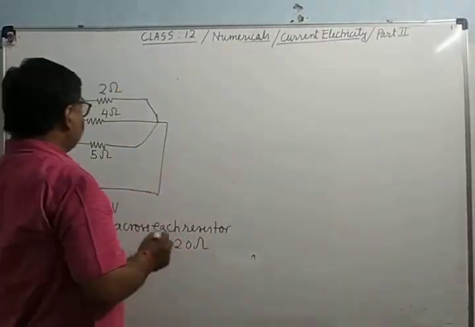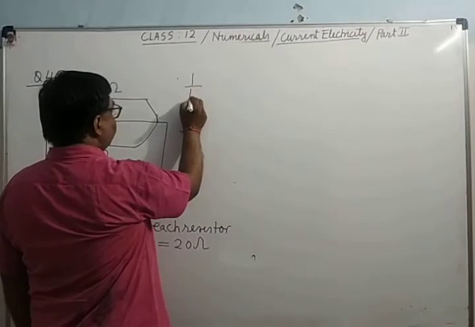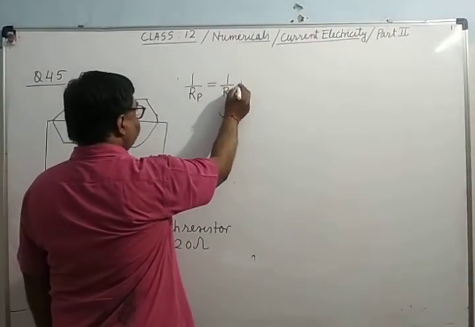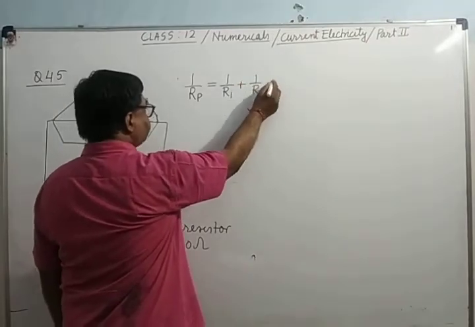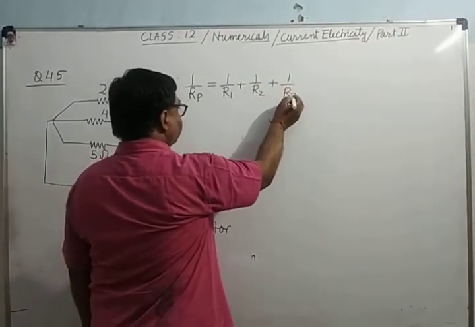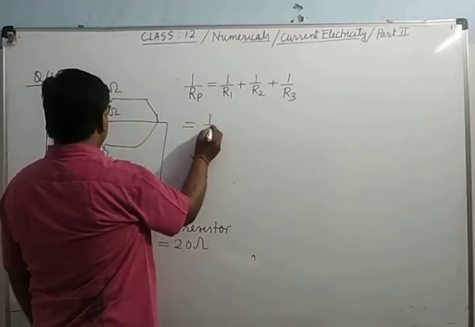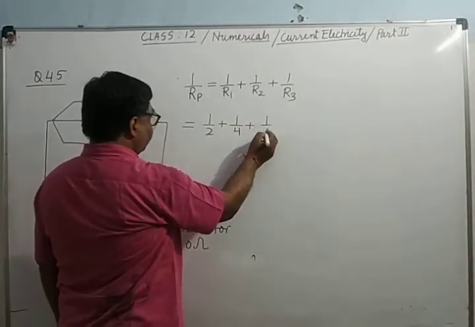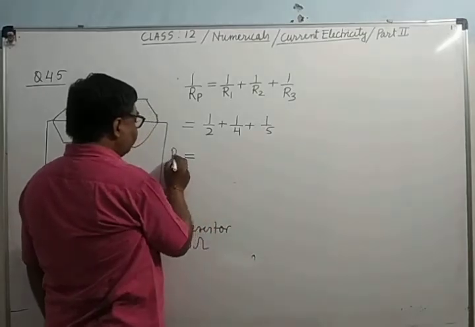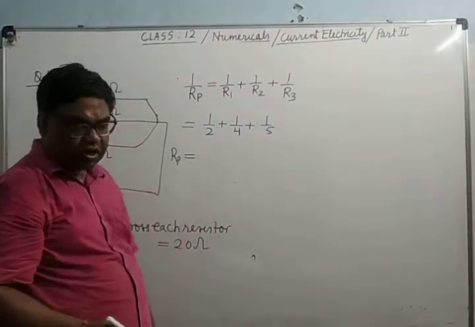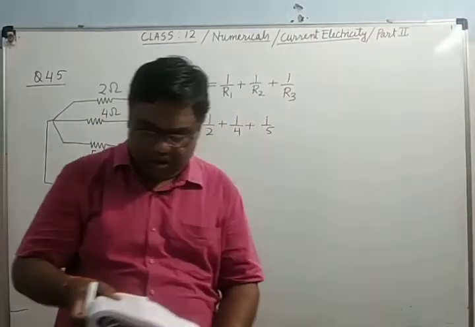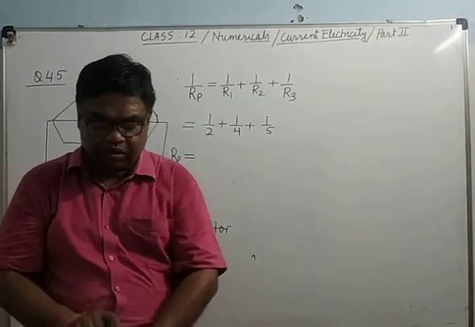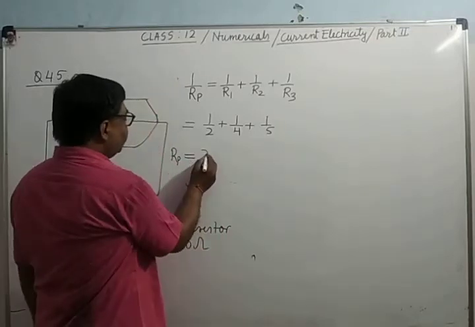Equivalent resistance you can find very simply. 1 upon Rp equals 1 upon R1 plus 1 upon R2 plus 1 upon R3. When you substitute, 1 upon 2 plus 1 upon 4 plus 1 upon 5, that I will not simplify further. Here Rp is coming 20 upon 19 ohm.